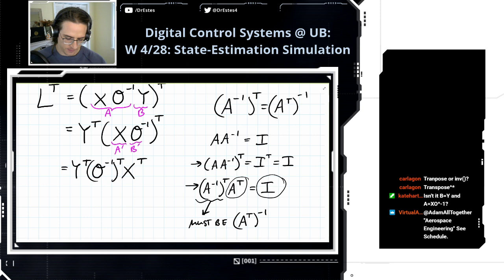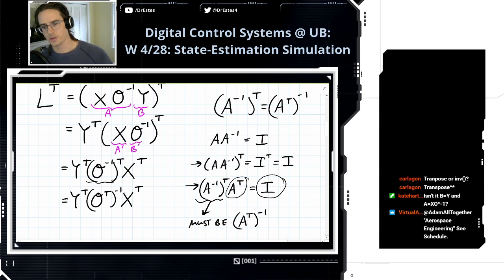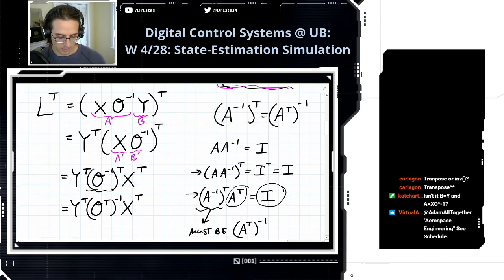Anyways, the reason I want to do that is because I want to say that the transpose of the inverse of the observability matrix is the same as the inverse of the transpose. And you'll see why, because now this is going to look very much like the Ackermann formula up above for the control Ackermann formula.